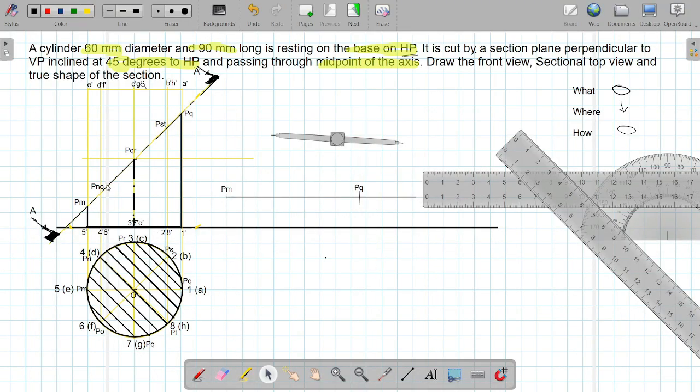Similarly, we have to measure the other points, that is PNO, PQR and PST. So I will just measure the same. I can start with PM to PS. This is the point PS. Keeping the compass at PM and making an arc here.